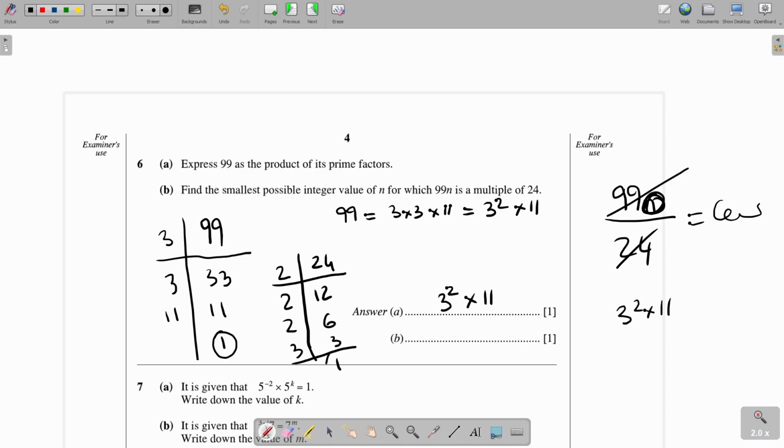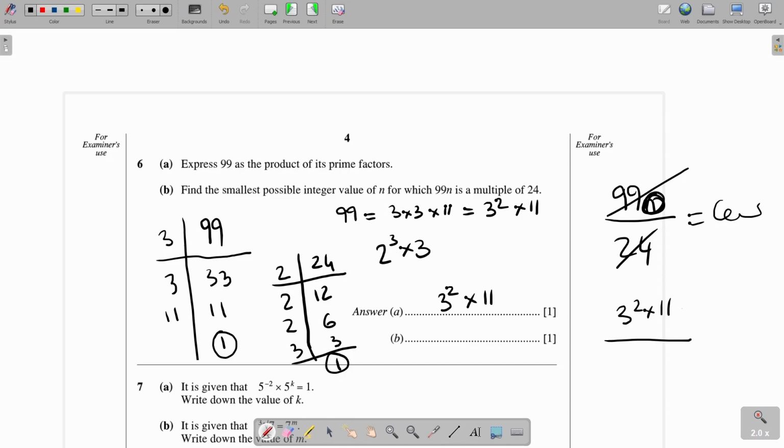We don't need to include 1 because it is implied as a factor, and I don't think 1 counts as a prime number, but I'm not fully sure. But anyway, 24 is actually 2 to the power of 3 times 3, right?